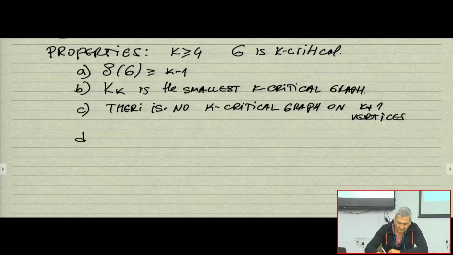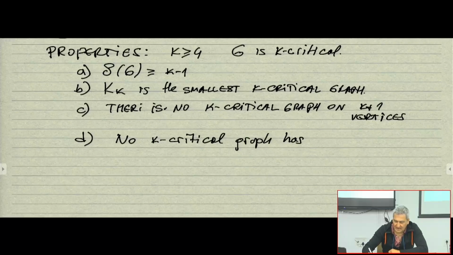And property D: no k-critical graph has a clique cut.